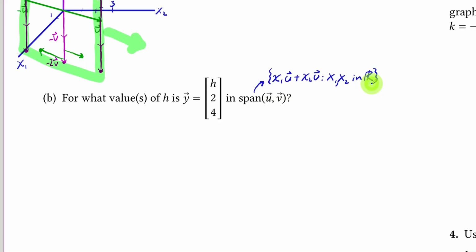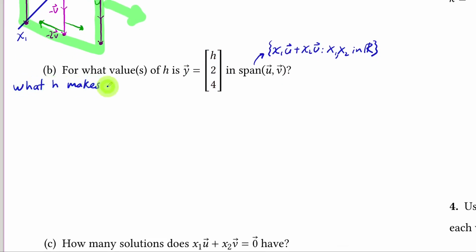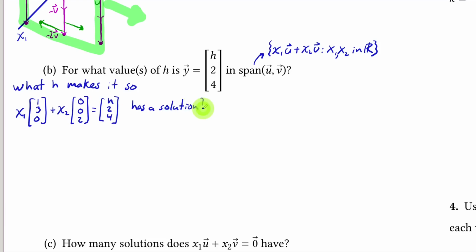So we want to know, what does h have to be so that this vector y can be written like this? Because for this vector equation to have a solution, it means there is a way to write h, 2, 4 as a linear combination of u and v.